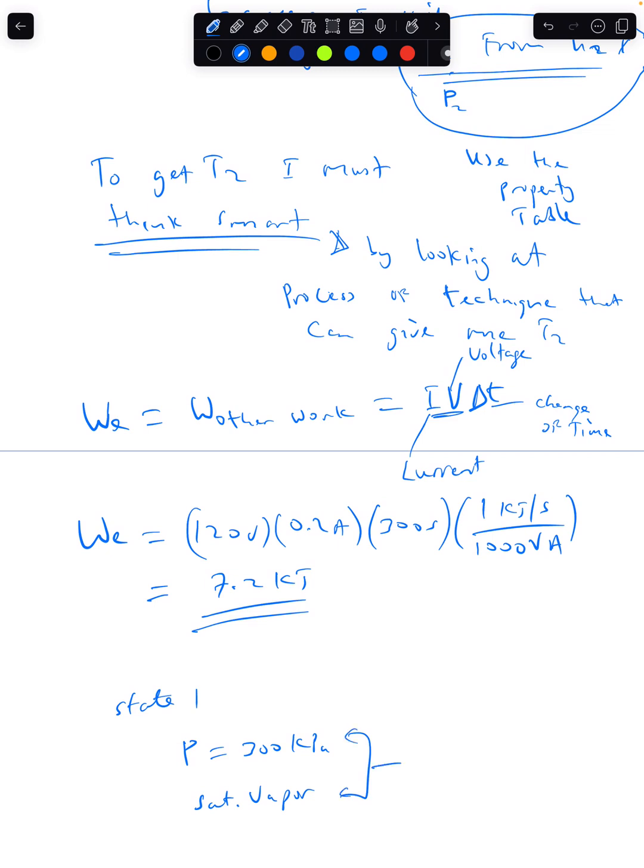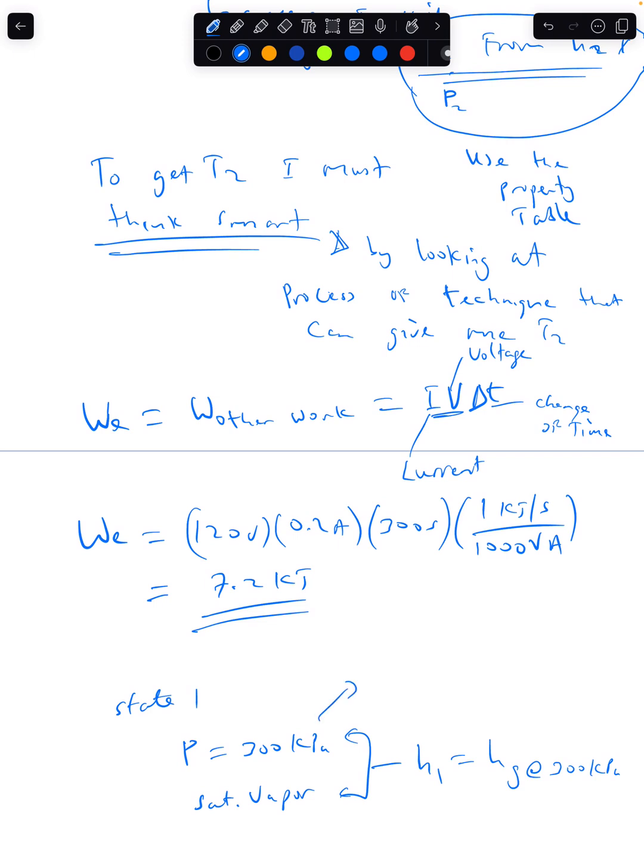I'm going to get H1, and that H1 must be gotten at what? The enthalpy for that vapor at 300 kilopascal.